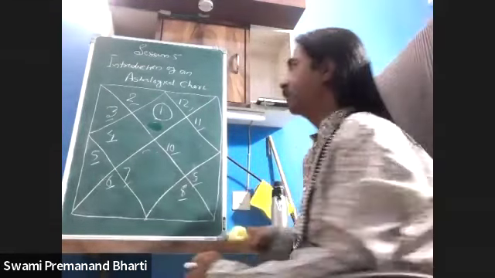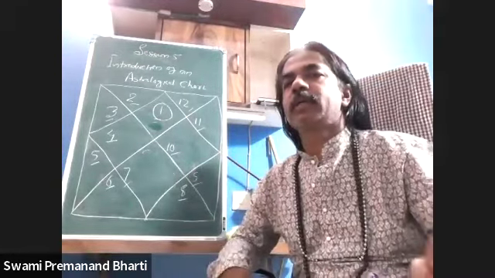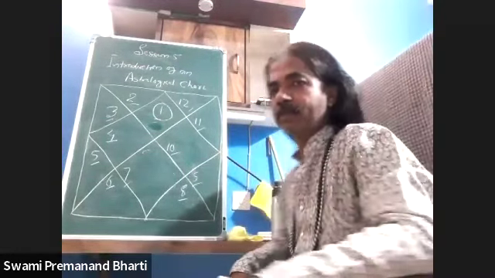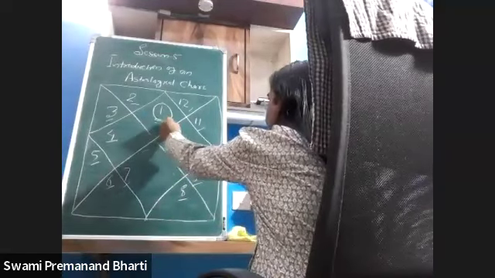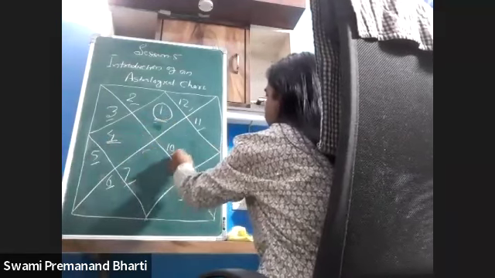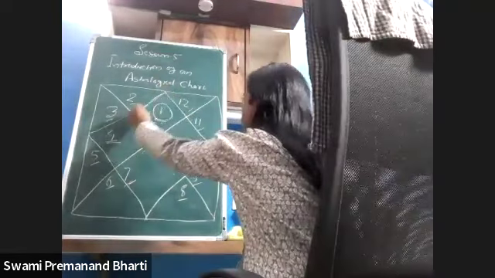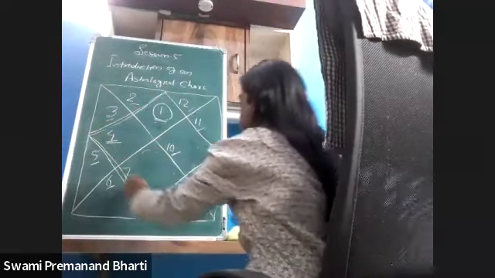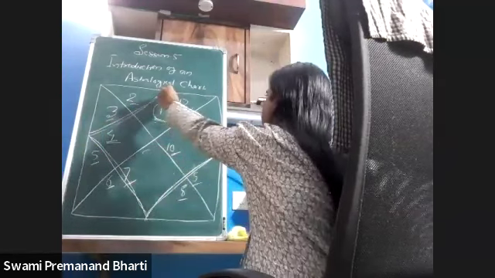So the first category is the most important houses, which are considered Kendra houses. What are Kendra houses? First house, fourth house, seventh house, tenth house. The inner four, we can say inner houses. Inner four houses are named as Kendra houses.